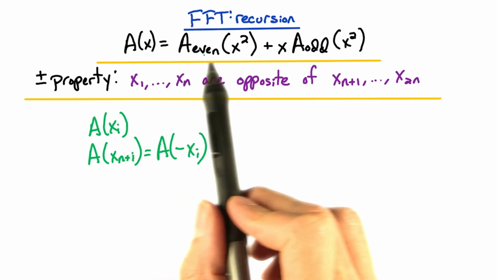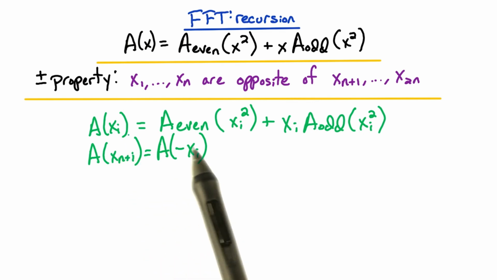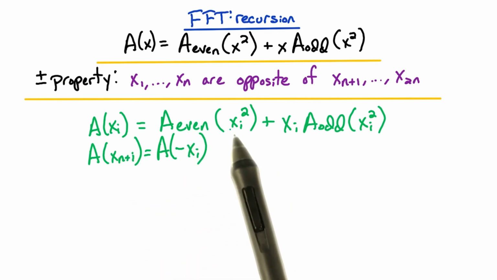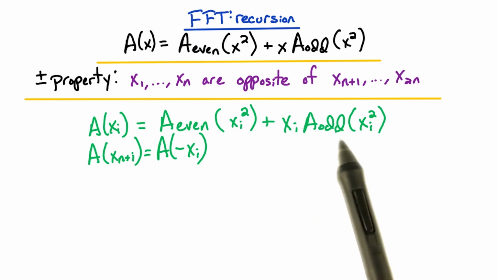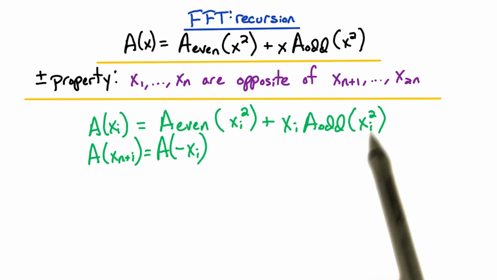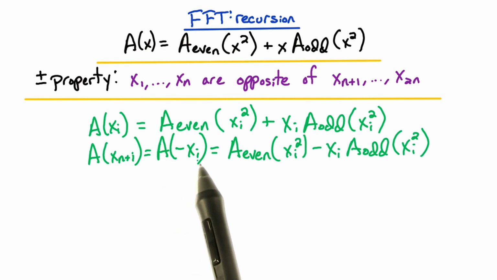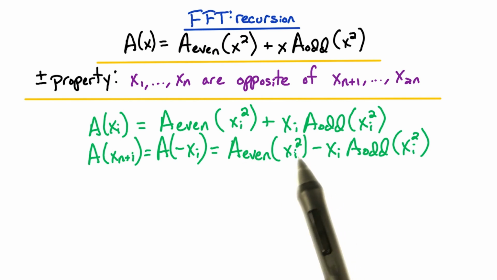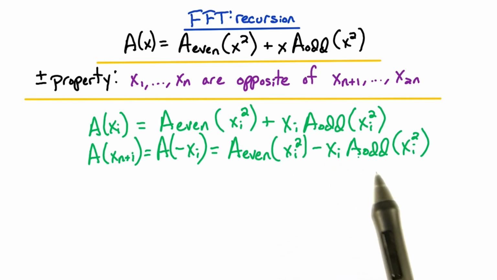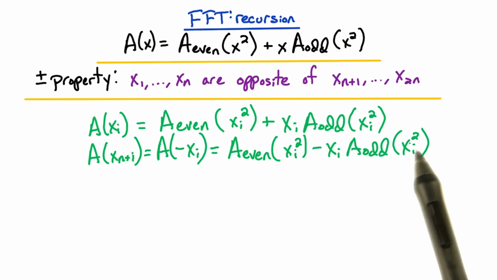Plugging this into our earlier formula, we have that A evaluated at the point xi is equal to A even evaluated at the point xi squared plus xi times A odd evaluated at the point xi squared. And similarly, for A evaluated at the point negative xi, it's equal to A even again at the point xi squared minus xi times, again, A odd at the point xi squared.